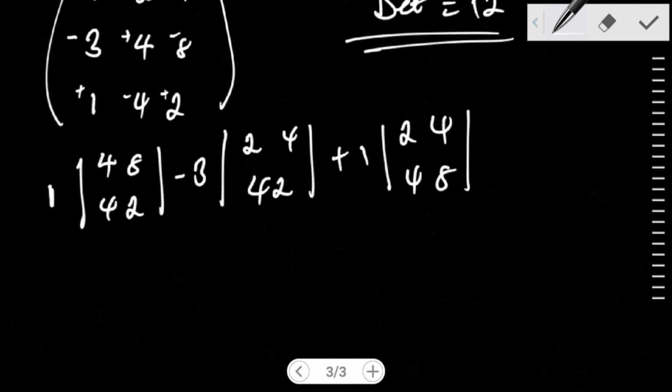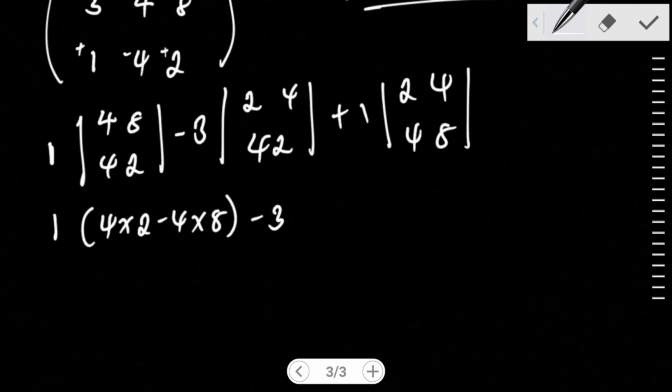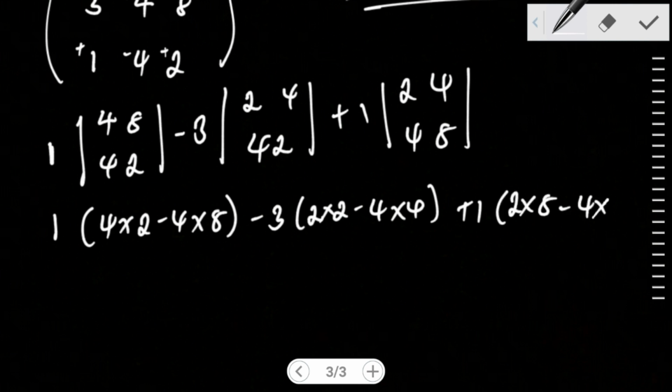So out of that, let's determine this. So this will be 1 into 4 times 2 minus 4 times 8, close this, minus 3 into 2 times 2 minus 4 times 4, close this, plus 1 into 2 times 8 minus 4 times 4, close this.